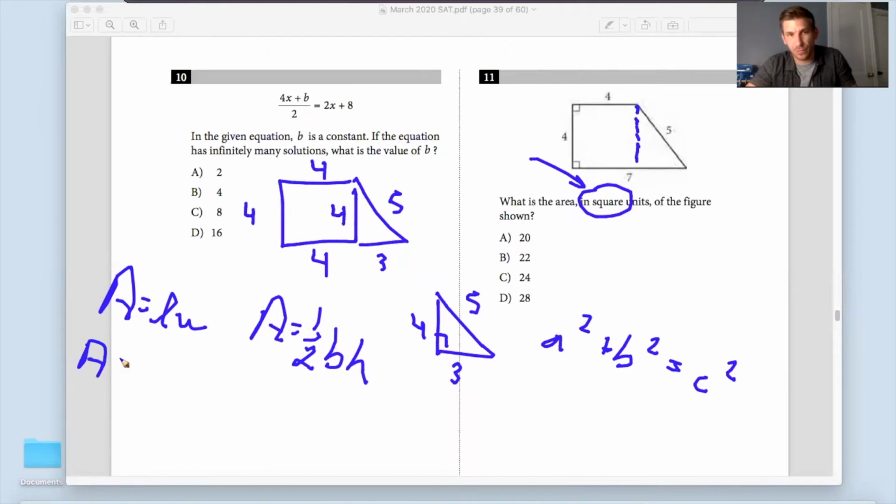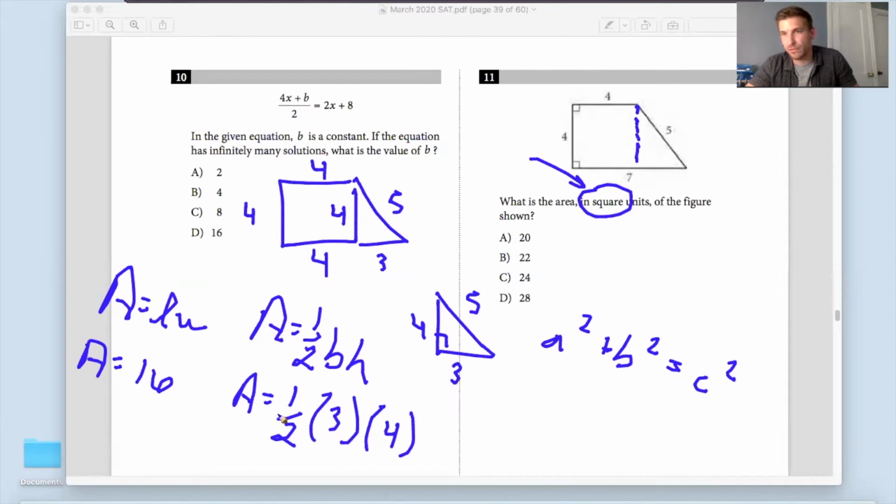This is going to be 4 times 4, which is 16, in order to get my area here, which means anything less than 16 is not going to be an answer. Just keep in mind, you could start using cross elimination. My area here is 1/2, my base will be 3, and my height will be 4. So this is going to be 12 times 1/2, which is 6.